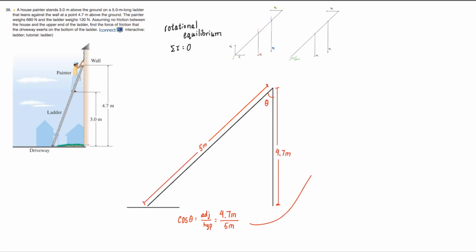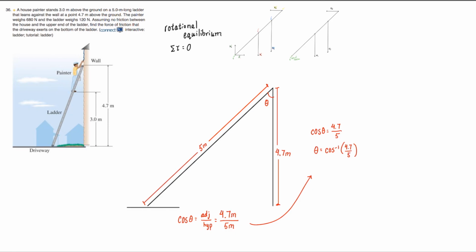So we write it up here. We have cosine theta equal to 4.7 over 5. So in order to solve for theta, our angle is simply going to be equal to the inverse cosine of 4.7 over 5.